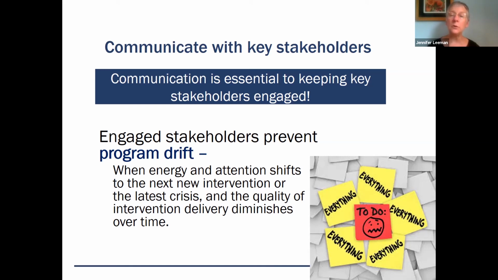And this is key, particularly to preventing what's called program drift. And this is really common in implementing interventions, and it's when energy and attention shifts to the next new intervention or the latest crisis, and the quality of intervention delivery diminishes over time.